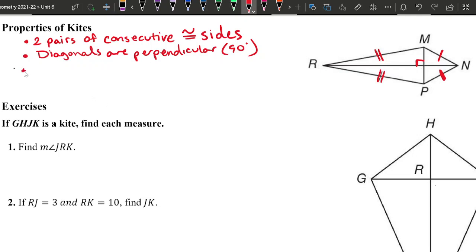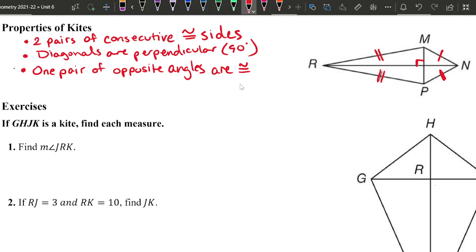And then the last characteristic is one pair of opposite angles are congruent. All right, and it's the opposite angles that are on the short axis.